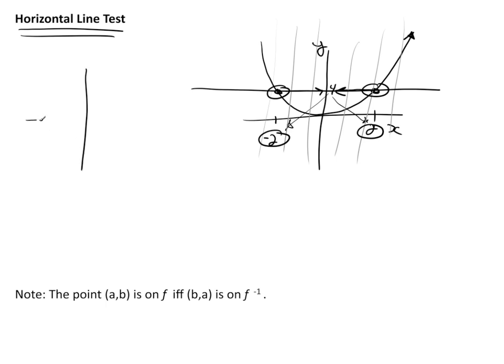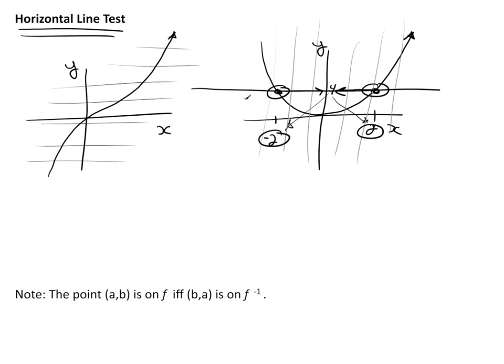Now, if I had something that looks like this, if I draw a bunch of vertical lines, all is well. It's clearly a function. And likewise, if I draw a bunch of horizontal lines, there's nowhere that my horizontal line would touch the graph in more than one place. So this would qualify as a function that would in fact have an inverse.